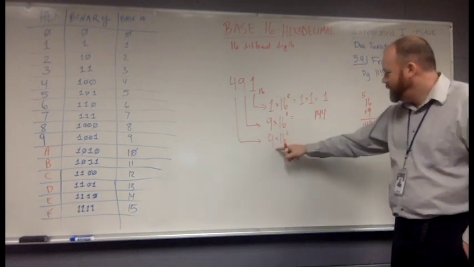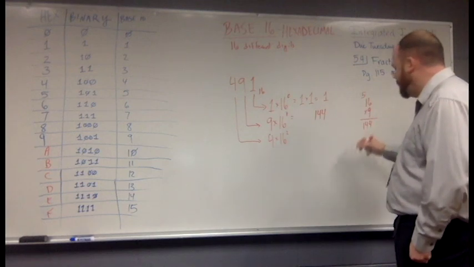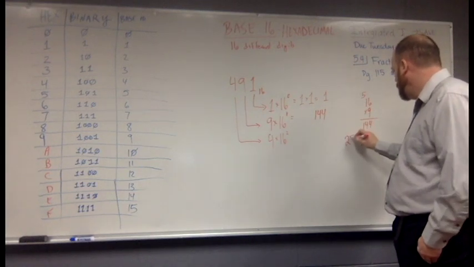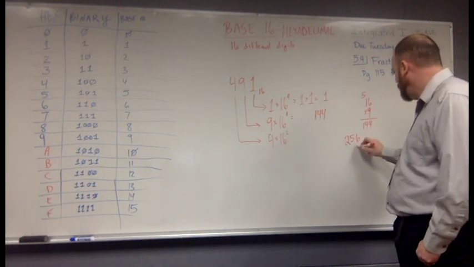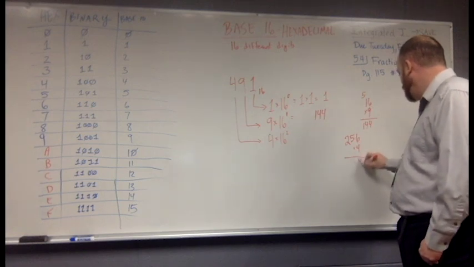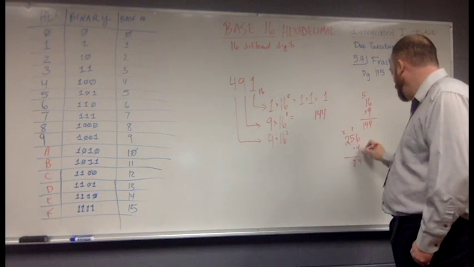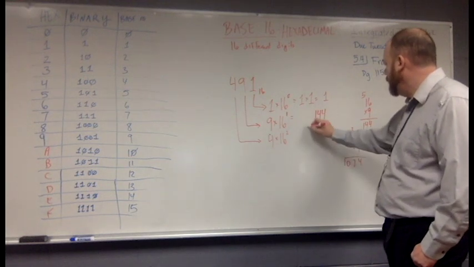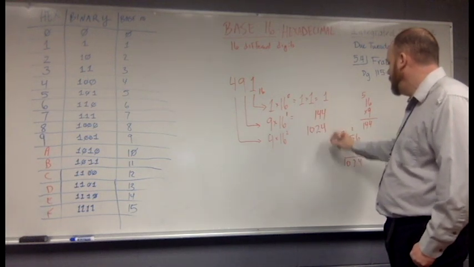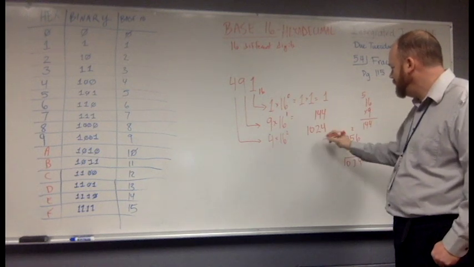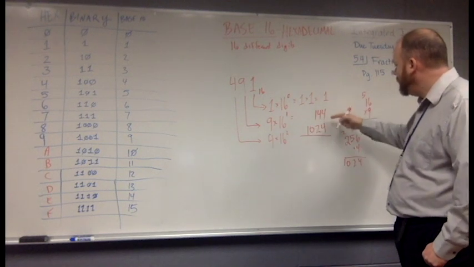And 4 times 16 squared. So what's 16 squared? 256 times 4 is 1024. Now, it's just a coincidence that the ones I'm choosing happen to have all these 4s in it. So we have to add all that up together.